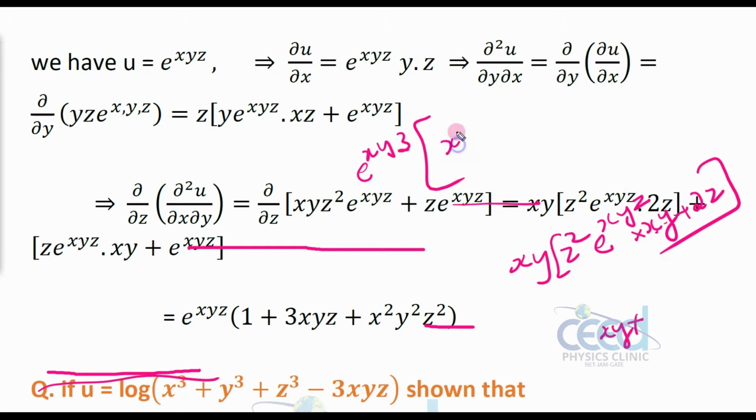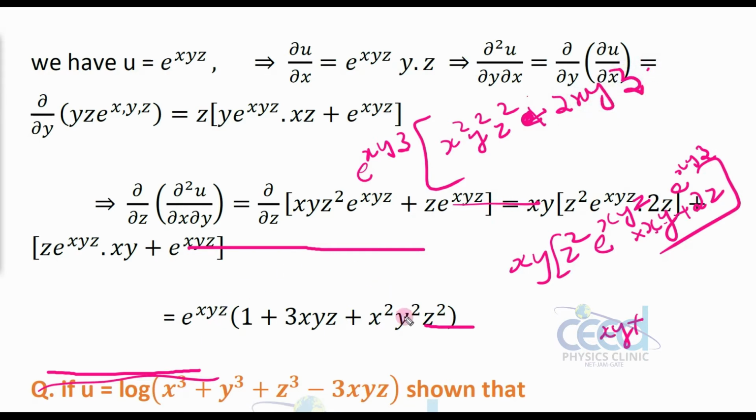That is x square y square z square e raised to xyz. So e raised to xyz we have taken out, right? So here 2z into, we have e raised to xyz here. So again the 2xyz. So here we have 2xyz.